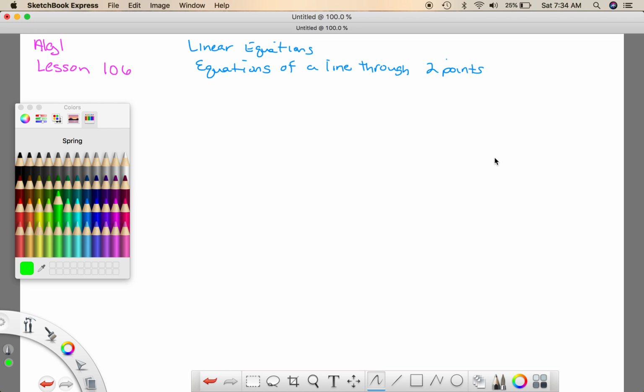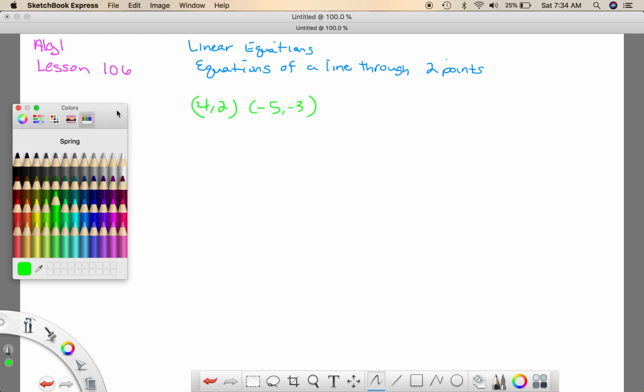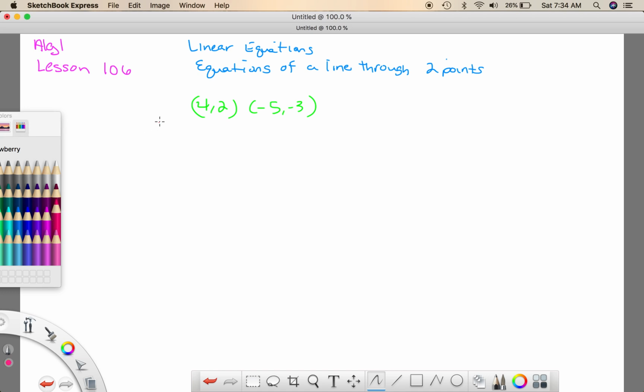So let's look at example 106.1. They said, find the equation of a line that passes through the 2 points (4, 2) and (negative 5, negative 3). Well, the first thing we have to do is graph these points.